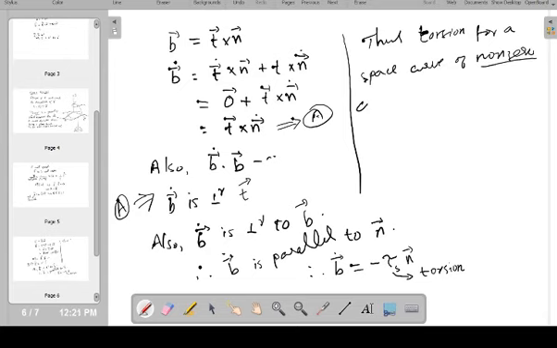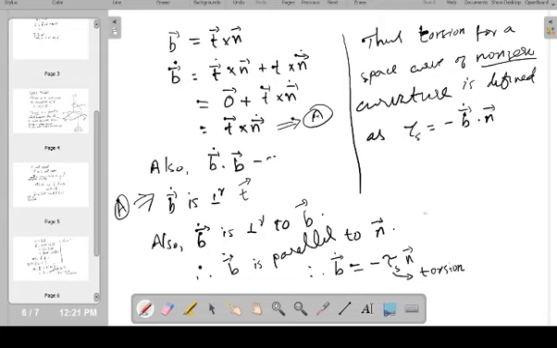Torsion is defined by means of this equation, or tau s is equal to minus B dot inner product with vector N. How did you get this?